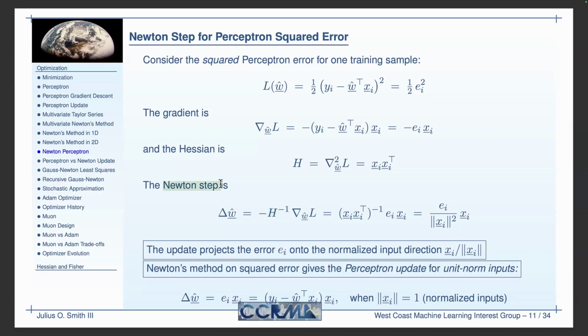Why is the Hessian not invertible? Because it's rank 1. The approximate Hessian from one data point is rank 1. Sorry if I'm asking stupid questions, just tell me to shut up.